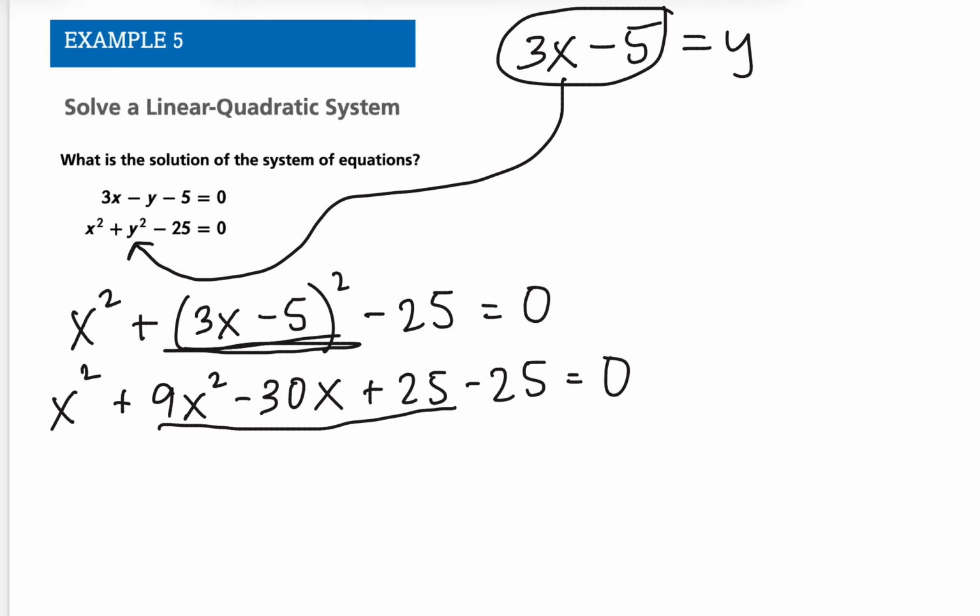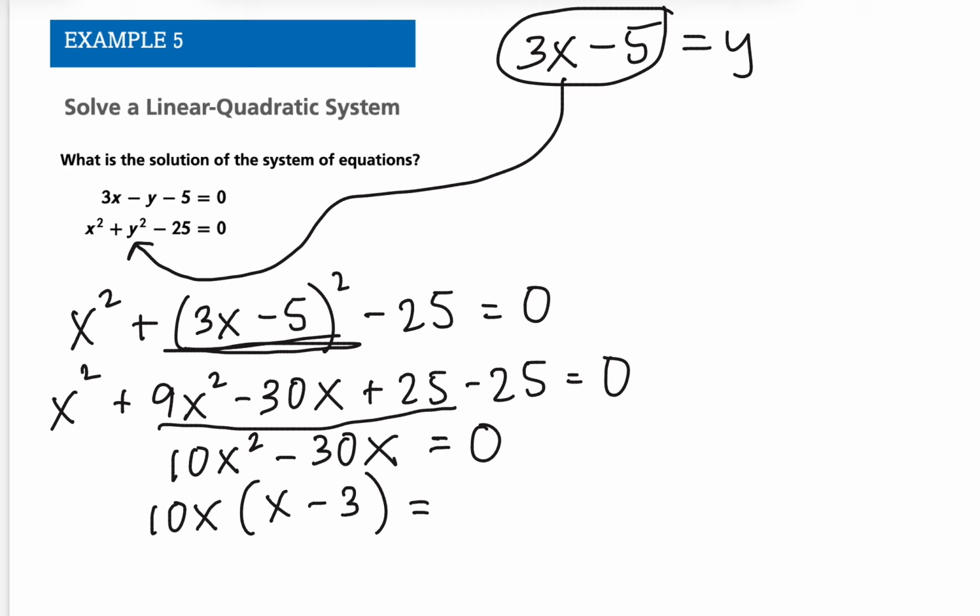So now simplifying, if I add the x squared to 9x squared, I get 10x squared minus 30x, and the plus 25 minus 25 is going to cancel. So now I'm just factoring out the greatest common factor. I can factor out a 10x, which leaves me with x minus 3.